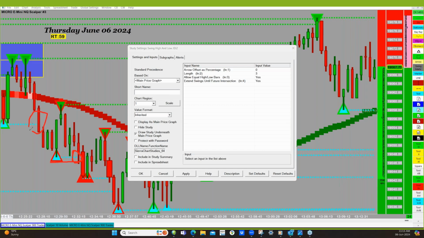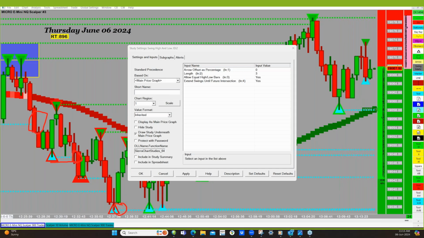Any platform has swing highs and lows. So this one did not get intersection, so it continued on. And then we had a classic case of a higher low and another higher low. Okay, very important, swing highs and lows.